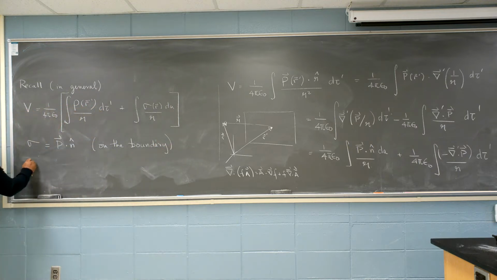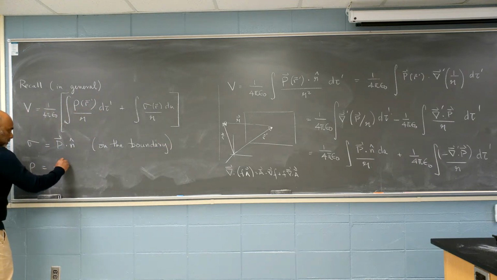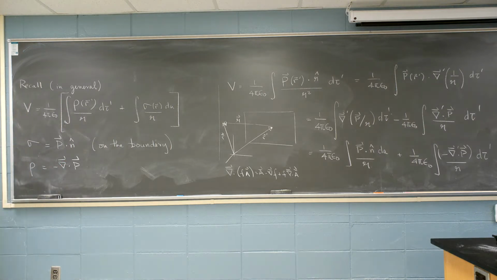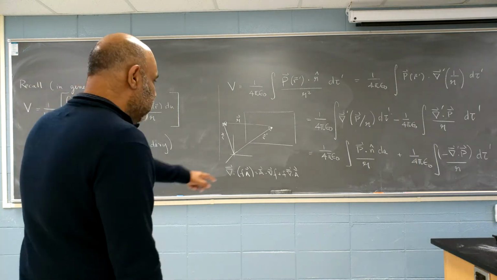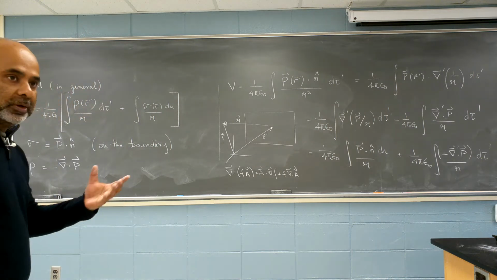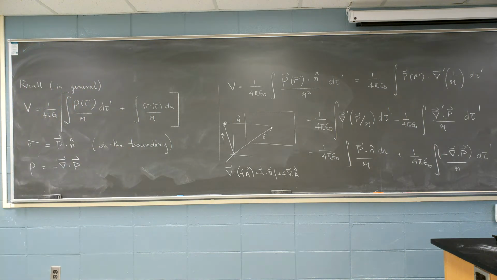You see that's why I took the minus n. I just want to identify which one is which. And then it's like physics you've seen already in chapter 2 or something.